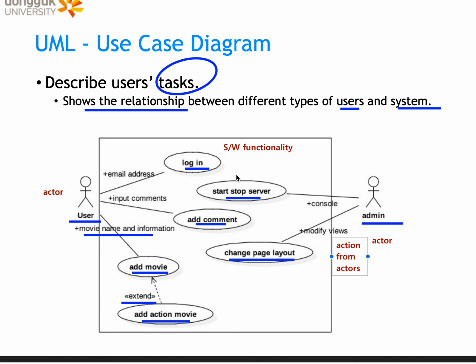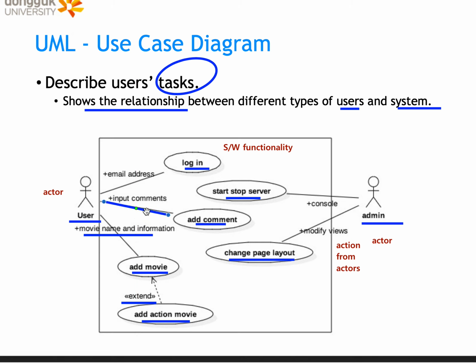Okay, and the working mechanism: you describe some functionality inside of a circle, and you define the actors associated with such a functionality, and the association is linked like here.